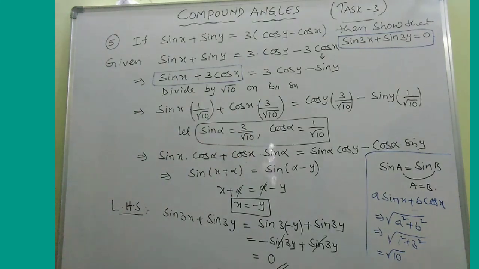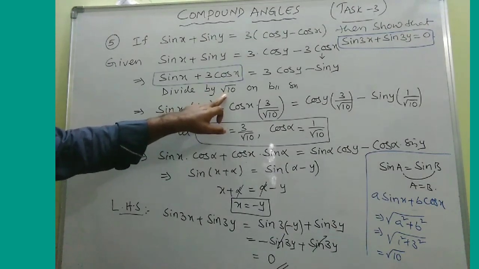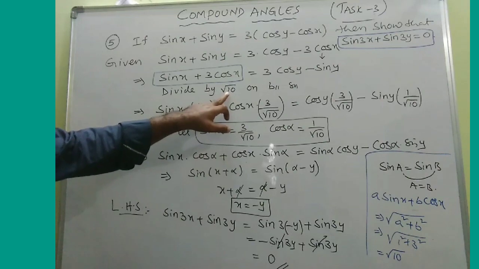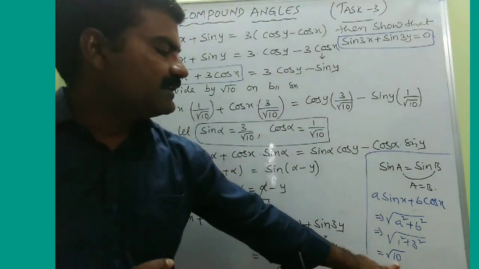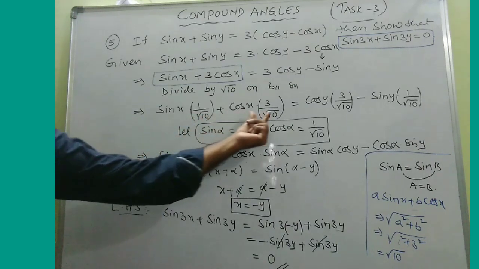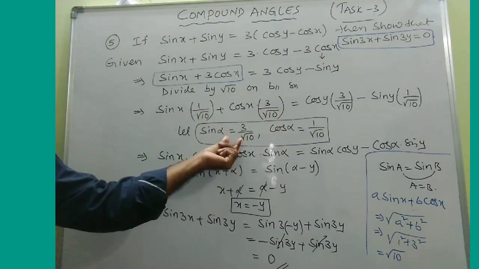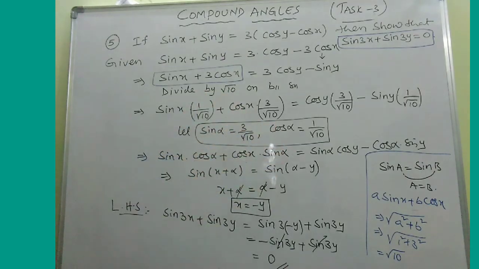So in the entire problem, to be frank, there are two important steps. Step number 1, divide both sides by root of a square plus b square, which is root 10. And step number 2, assume these unknown things, one in terms of sine and one in terms of cos.